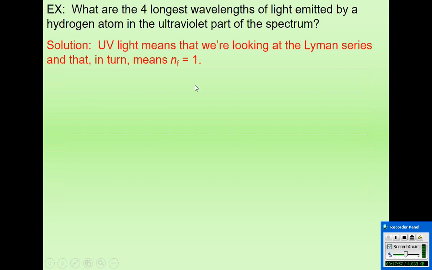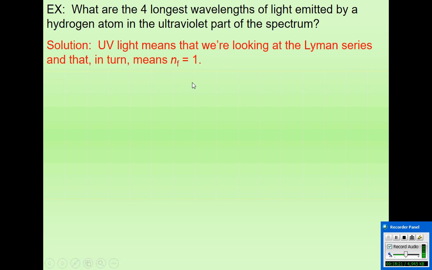First problem here is ultraviolet light, so n final equals 1, and we want the 4 longest wavelengths. So the longest wavelengths occur when n initial is as close as possible to n final. For the shortest wavelength, we chose n initial equals infinity. For the longest wavelength, we want the smallest possible value of n initial.